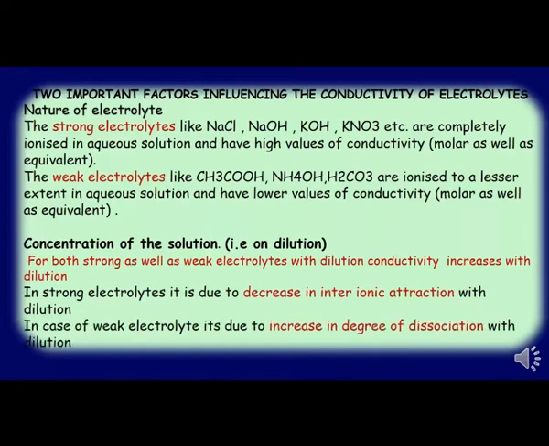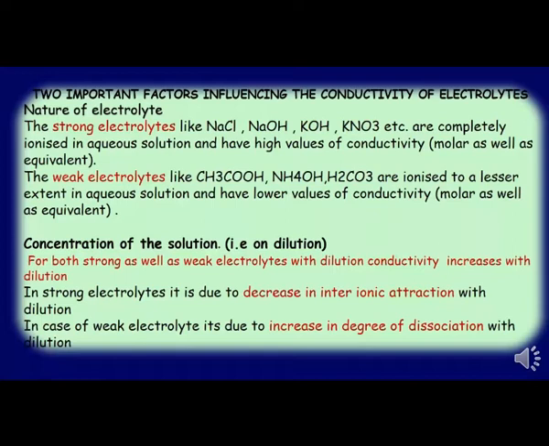In case of a weak electrolyte, as you increase the dilution, the degree of dissociation increases. That is, the number of ions increases.